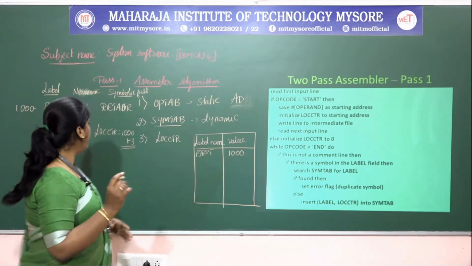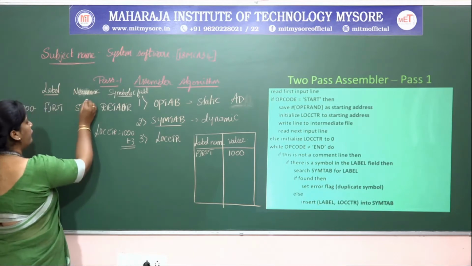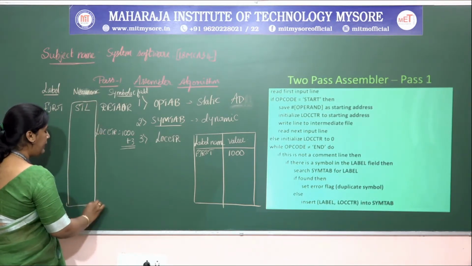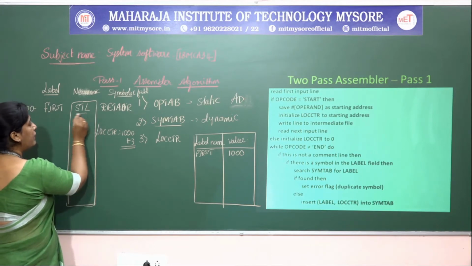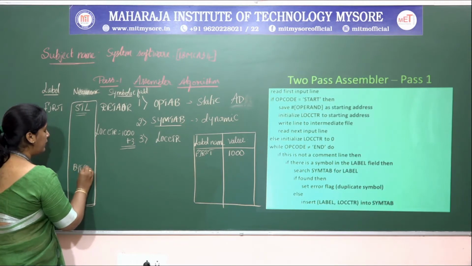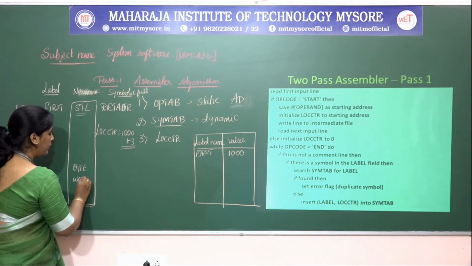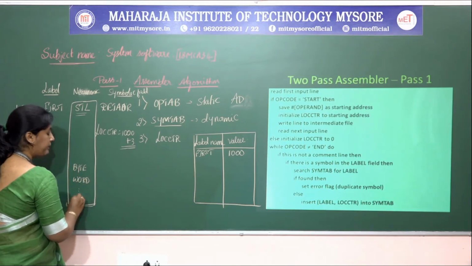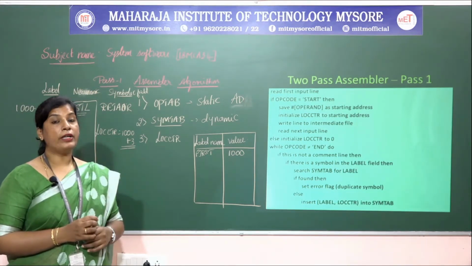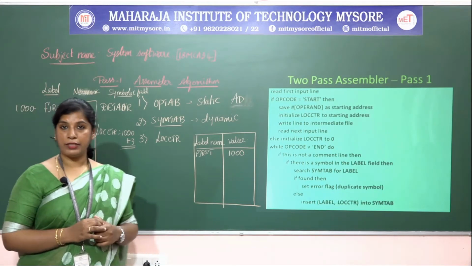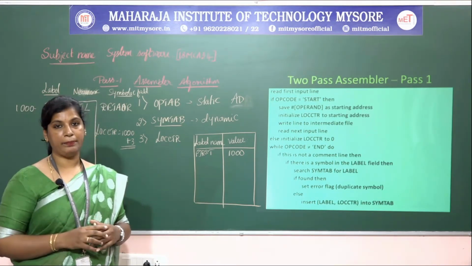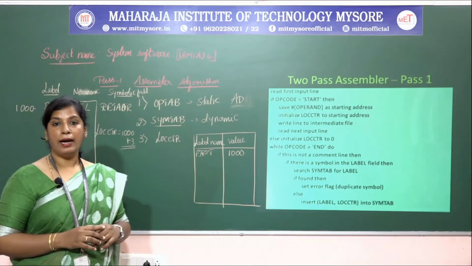You can observe that in the mnemonic field, either we will get an instruction or we will get assembler directives. The assembler directives we use are not present in the opcode table.